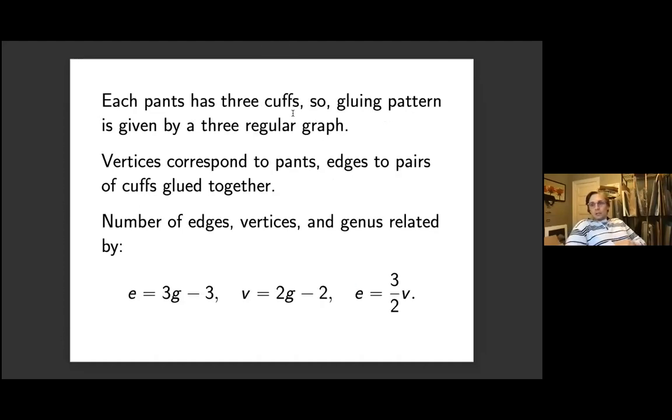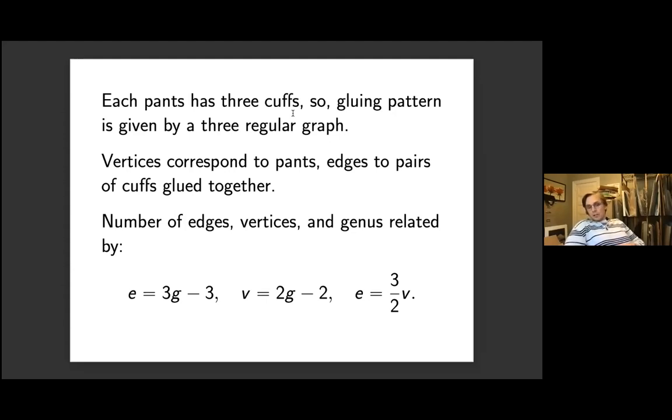And of course, each pants by definition has 3 cuffs. And so the gluing pattern is given by a 3-regular graph, a graph where every vertex has 3 edges leaving it. The vertices correspond to the pants and the edges to the cuffs, or really the pairs of cuffs that get glued together. And the number of edges, vertices, and genus are all transparently related to each other.